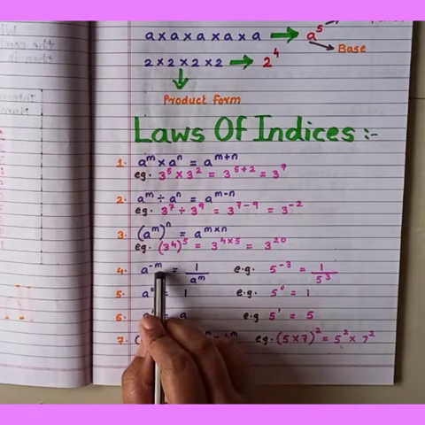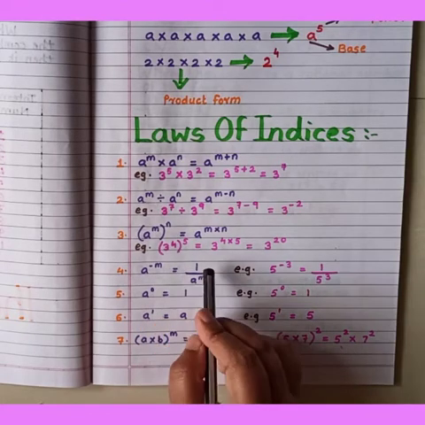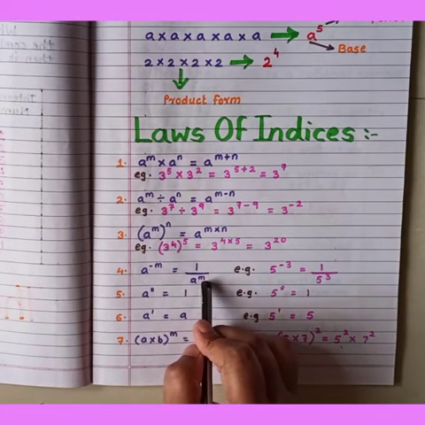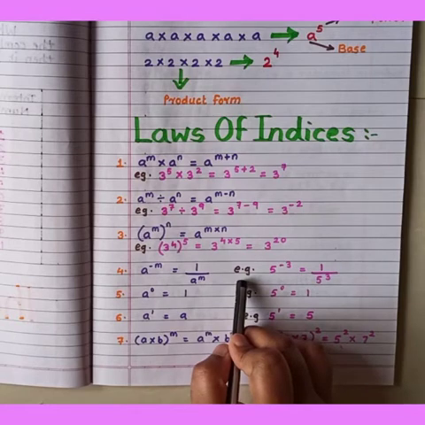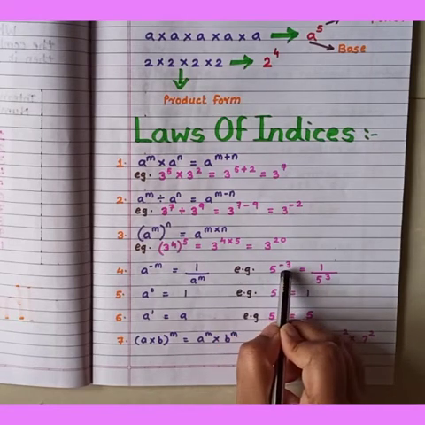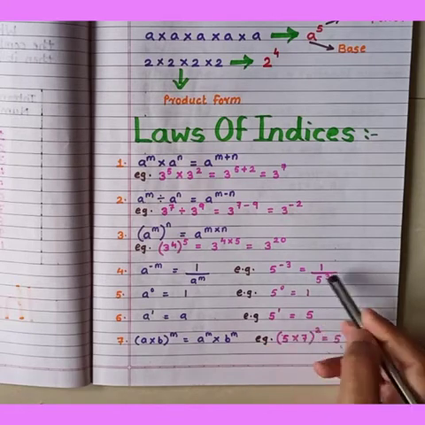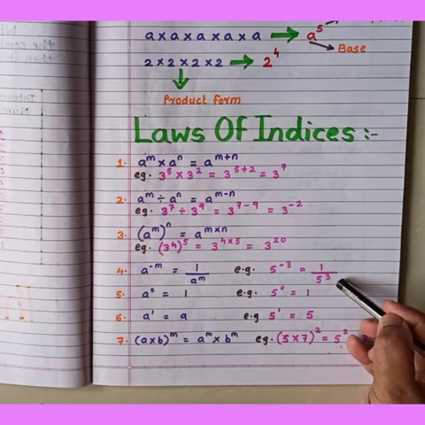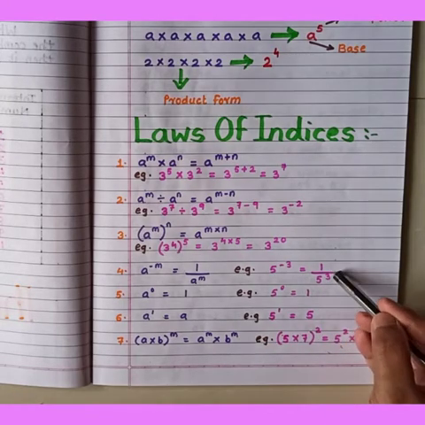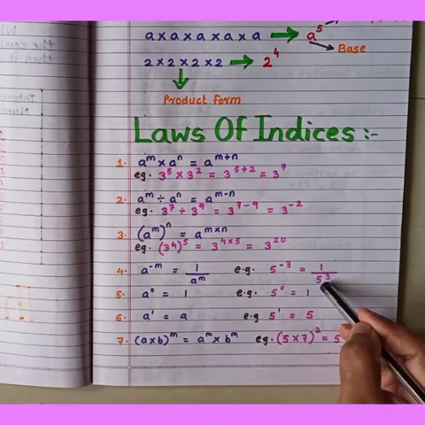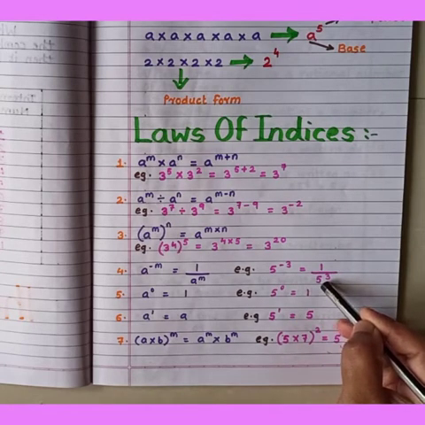So a raised to minus m is equal to 1 upon a raised to m. See the example, 5 raised to minus 3. This negative power will become positive when we take the reciprocal. Reciprocal means 1 upon that term, written in the denominator with a positive sign.